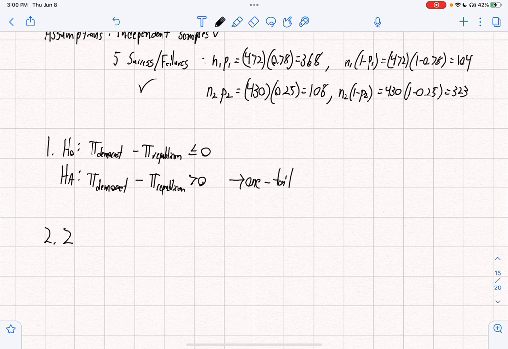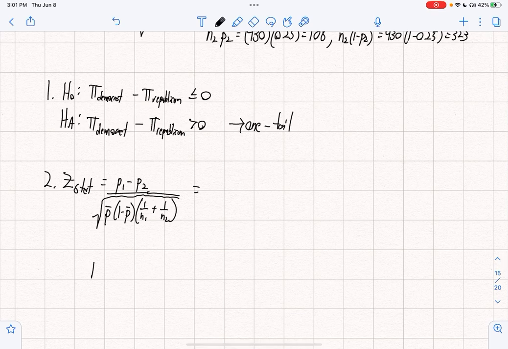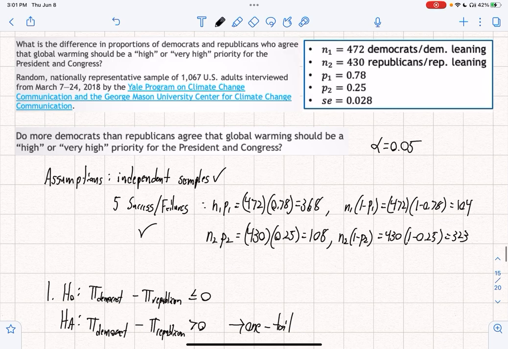Okay, so we need to calculate our test statistic, so z-stat. And we know that this is equal to P1 minus P2 over the square root of P bar, 1 minus P bar, times 1 over N1 plus 1 over N2. So let's calculate P bar real quick. So P bar would be the number of successes in each group.